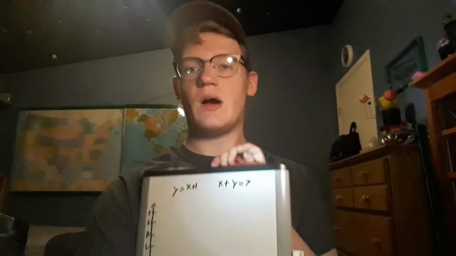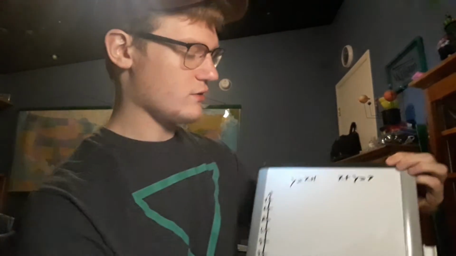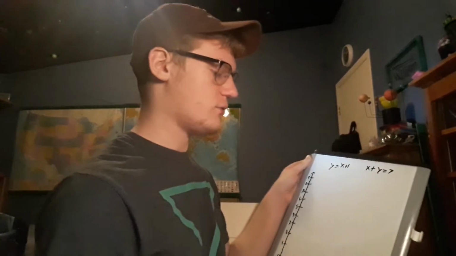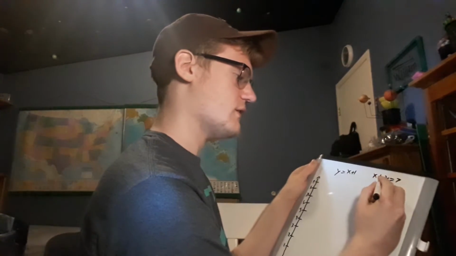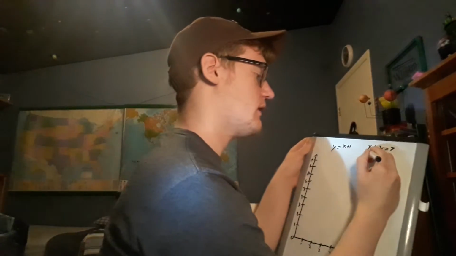The first set of equations we looked at last time was y equals x plus 1 and x plus y equals 7. Now, we know from graphing that we want this in the form y equals something with an x in it.